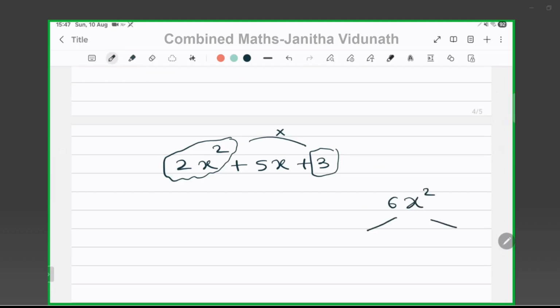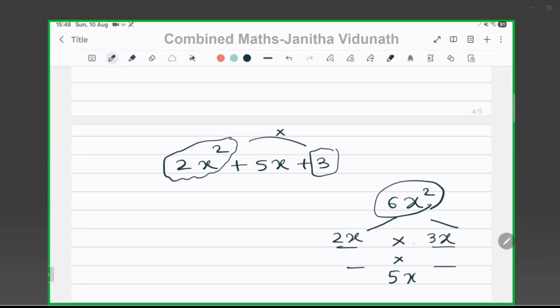Then we find two factors that by multiplication give 6 times x square, and by adding those two terms give 5x. We can easily find those two terms as 2x and 3x.